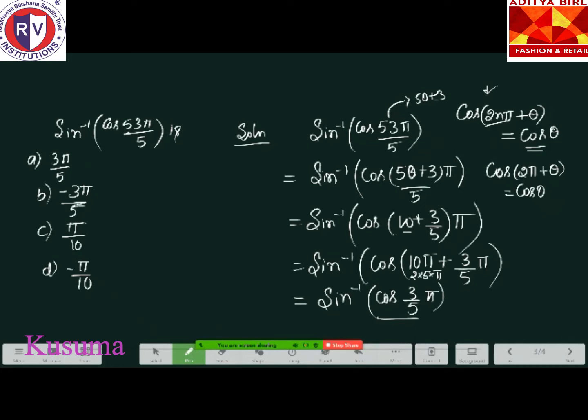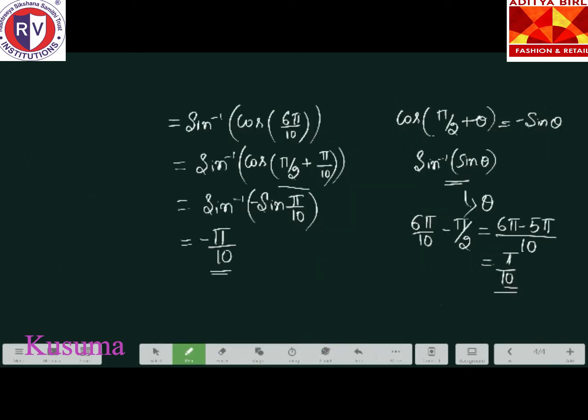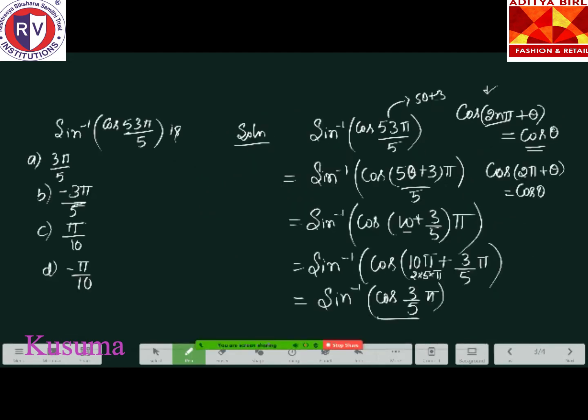So further, we have to take this to the form of sine inverse of sine theta. Just a second. Okay.